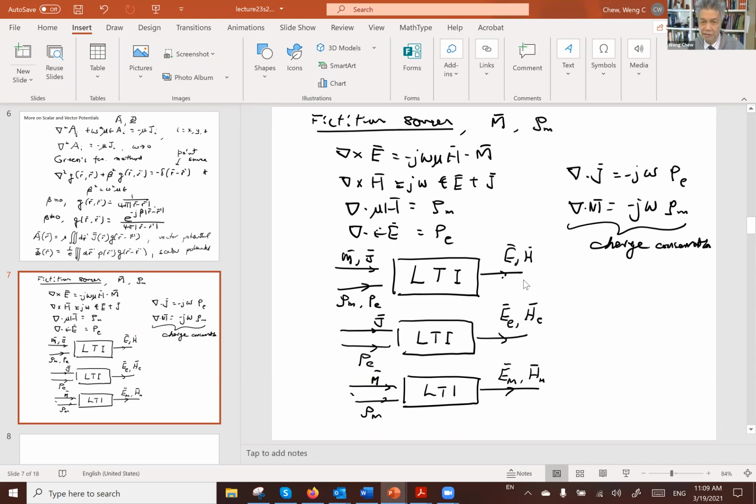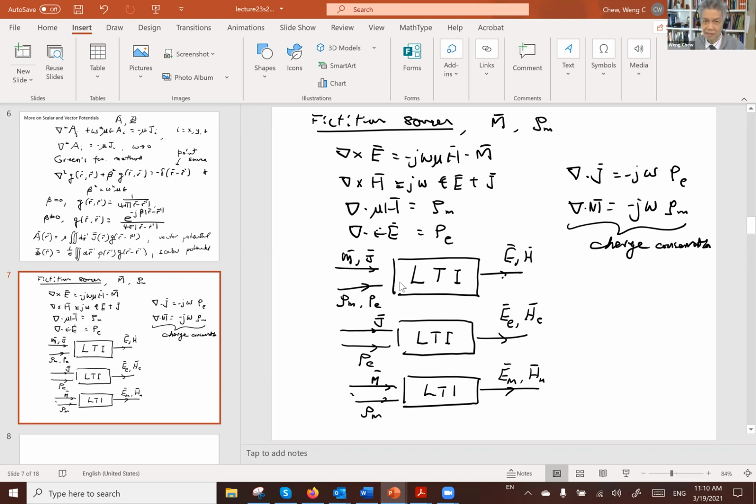You can convince yourself, because everything in these equations is linear. You can set one set of sources to 0 and solve these equations, and then next time around set the other set of sources to 0 and solve these equations. When you add these two solutions together, you will get the output when all four sources are present. I'm not going to go through the exercise to convince you of that.